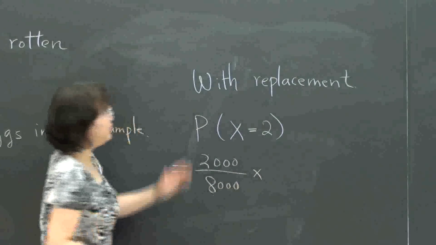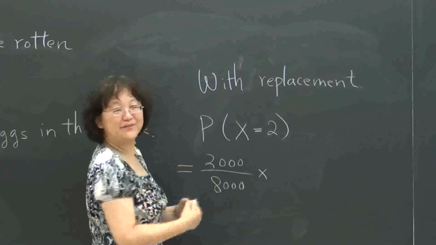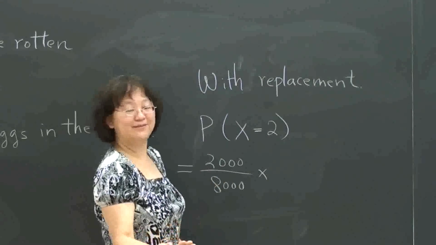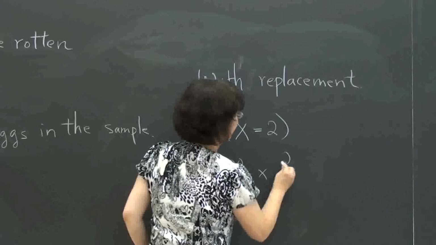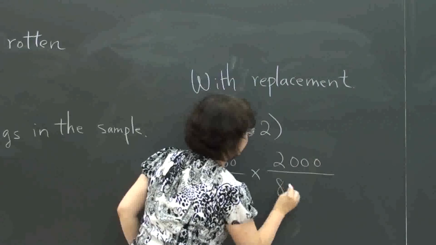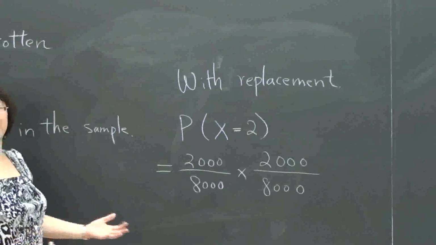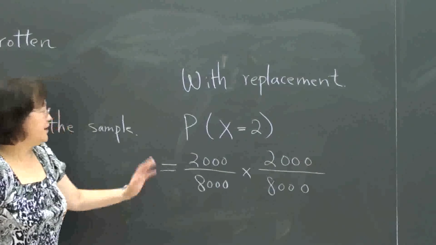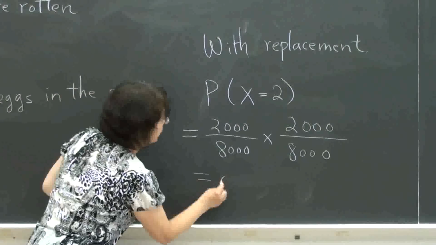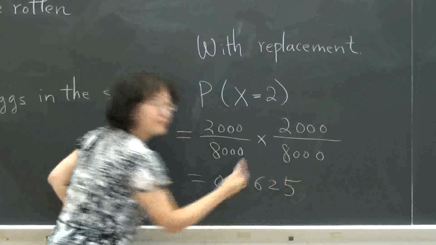And, being with replacement, life is easy. Whatever we pick, we put it back. So for the second pick, it is still 2,000 out of 8,000. We still have 8,000 eggs, and we have 2,000 that are rotten. So the answer is 1/4 times 1/4, which is 0.0625.